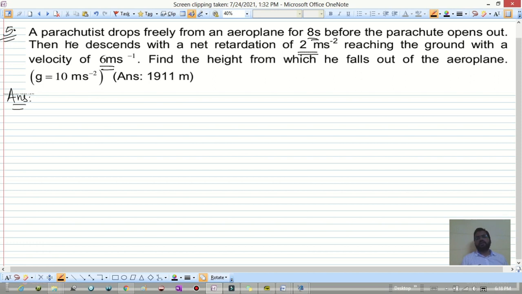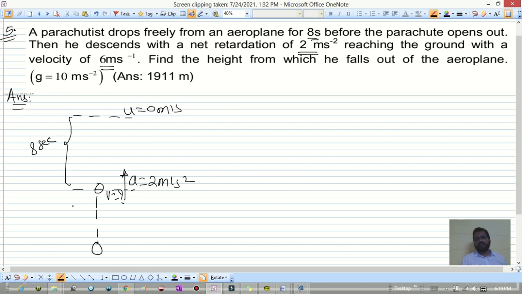One parachutist is given, and he falls freely, which indicates initial velocity is 0, in the downward direction, and he falls freely for 8 seconds. After that, he has the net retardation of 2 meter per second squared, and finally he reaches the ground with a speed of 6 meter per second.